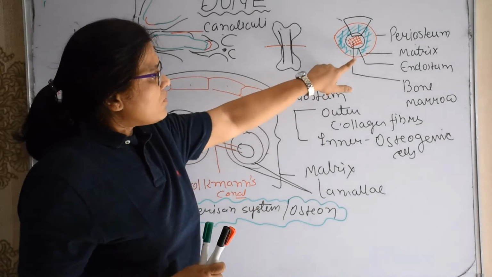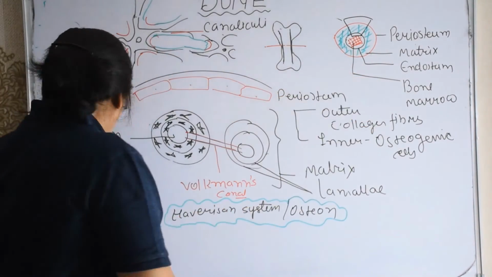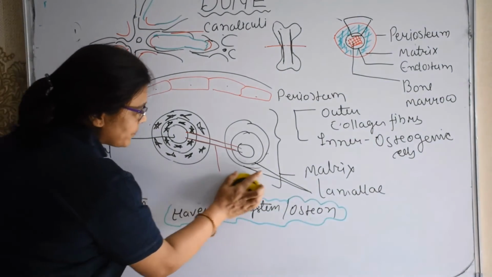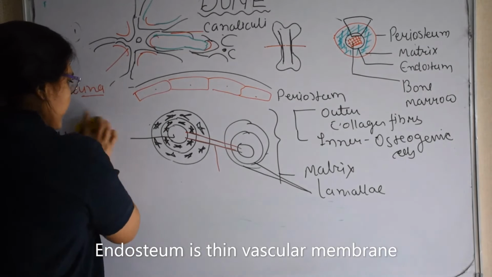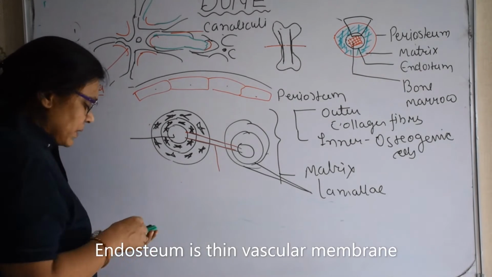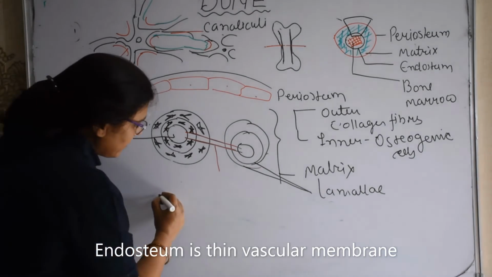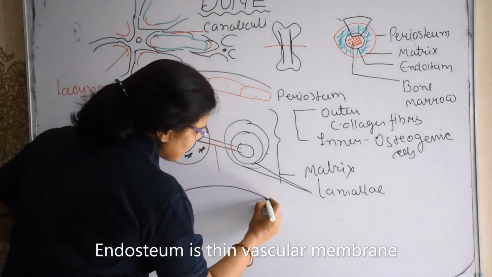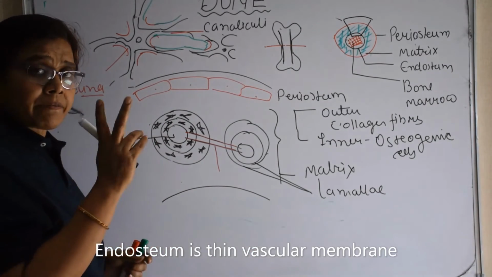The next structure which we can see here is the endosteum. From the inner side, the matrix is bounded by another layer, and that is formed by endosteum. Endosteum also has two layers.